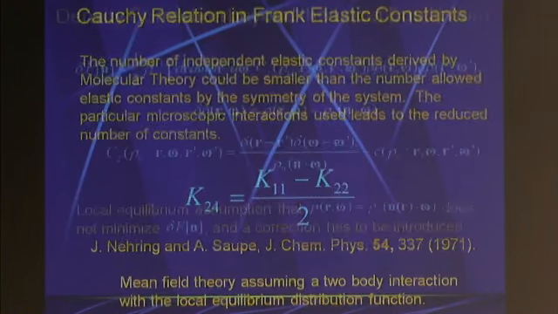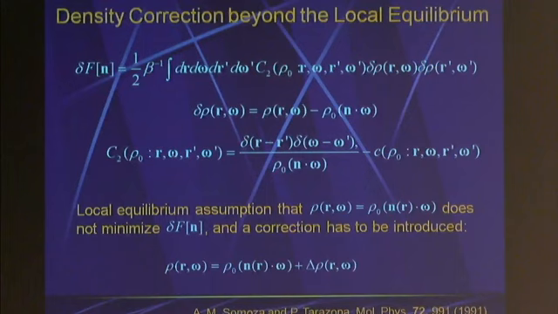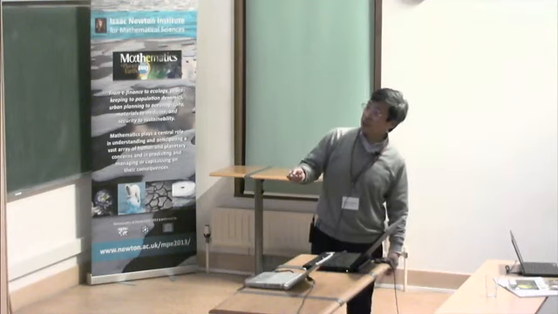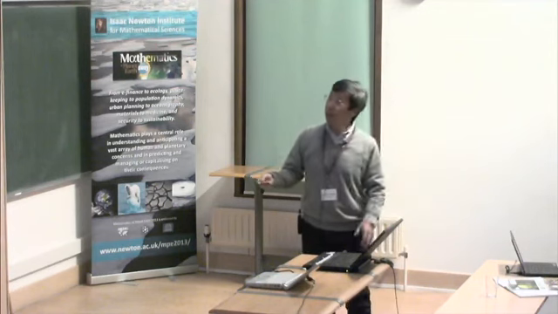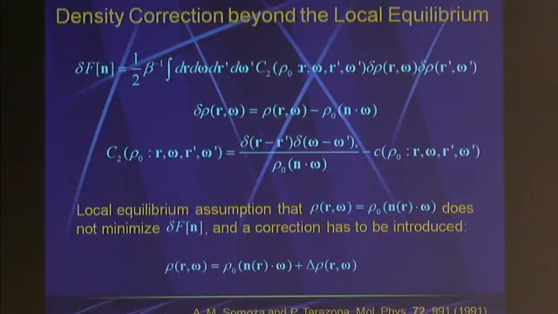So we need to go one level deeper, but before that, let's discuss a density correction beyond the local equilibrium assumption. Again, we use this expression with the direct correlation function as the basis.